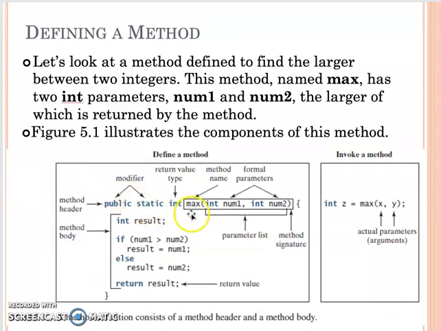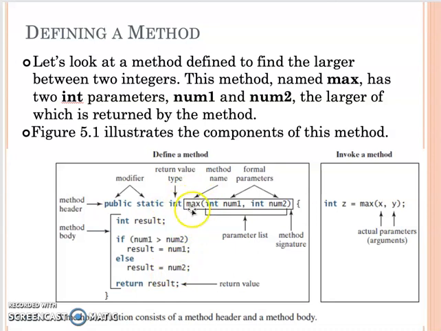This max method only takes two integer types. If number 1 is greater than number 2, we return number 1; otherwise, we return number 2. The return type is int, so we return the bigger one.